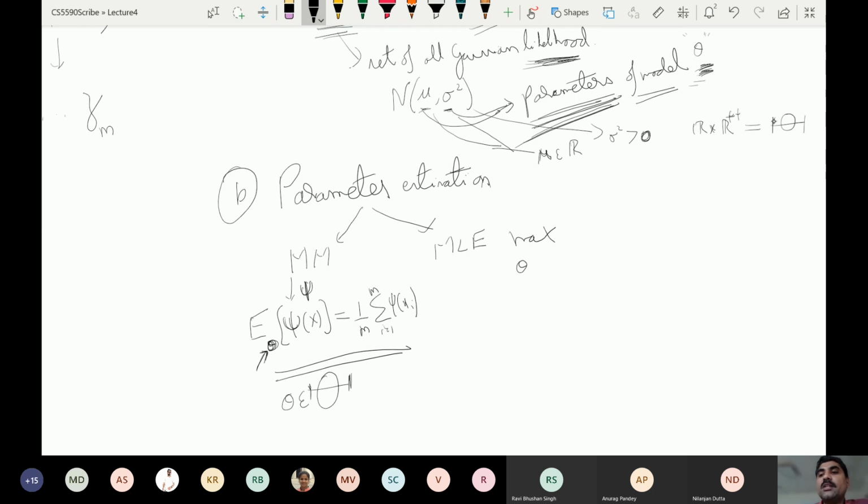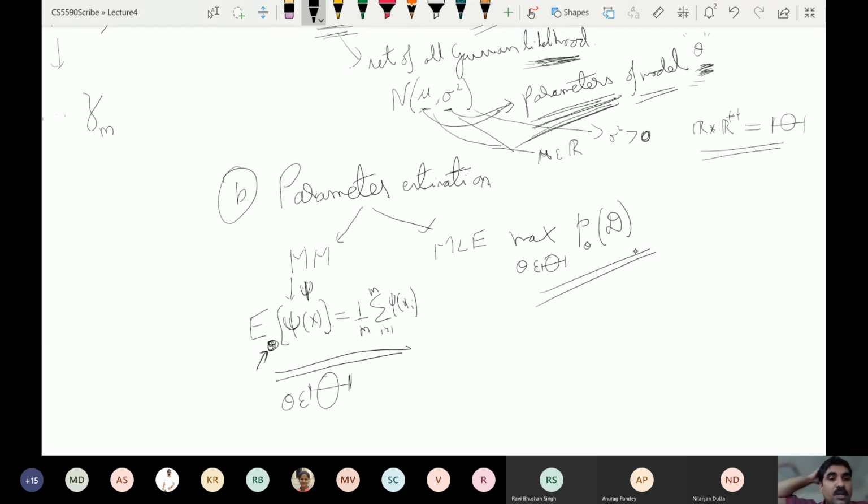Those are nothing but the set of all possible allowed values for the parameters. So in case of MLE, you will search for the likelihood function that maximizes the entire likelihood of the training set.